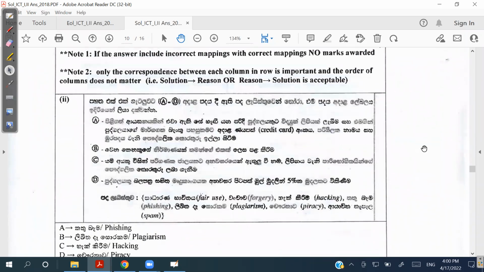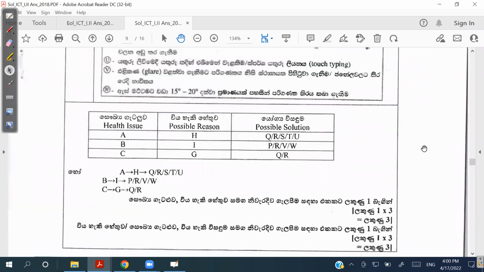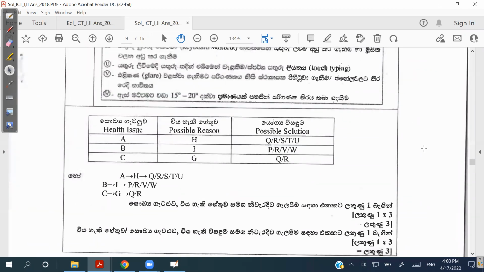So for these 3 couples, it got separate 3 marks. For the reasons, they got another 3 marks. That is how it happens.